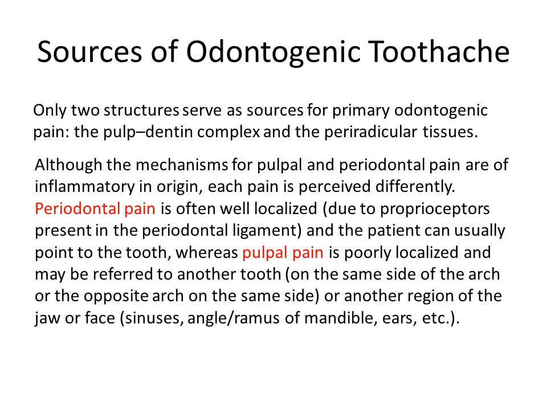Okay, each pain behaves differently and is perceived differently. Periodontal pain is well localized due to the presence of proprioceptive fibers in the periodontal ligaments. Usually the patient, when he comes to you, can localize the pain. He will point to the tooth, while the pulpal pain is poorly localized.